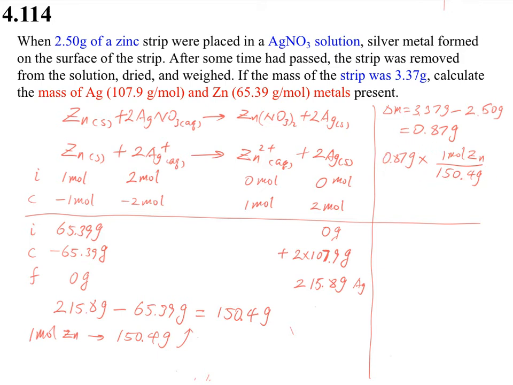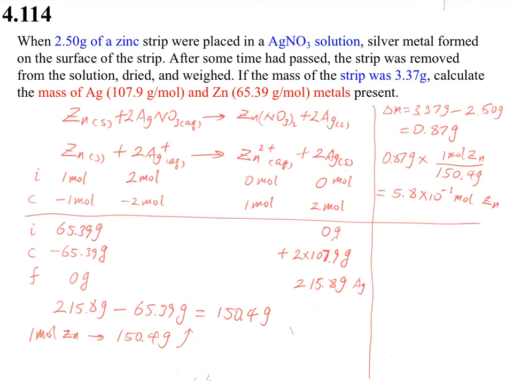This whole thing gives us the moles of zinc reacted in the current setup. Doing the calculation, we have 5.8, paying attention to the sig figs, times 10 to the negative 3 mole of zinc. This is the amount of zinc that reacted, meaning it disappeared from the strip and entered the solution. Now we are ready to do the final calculations.